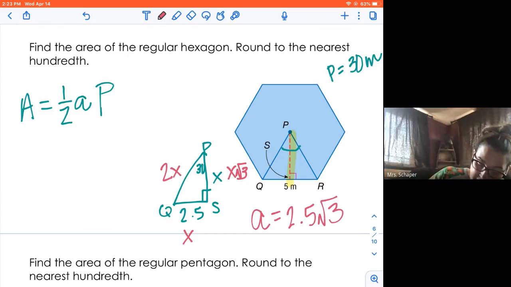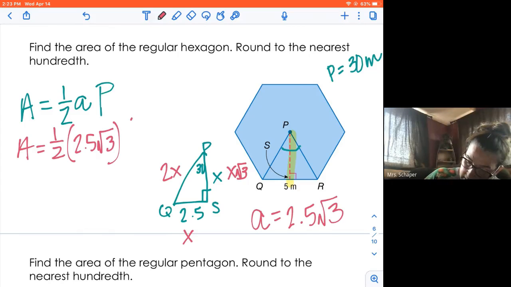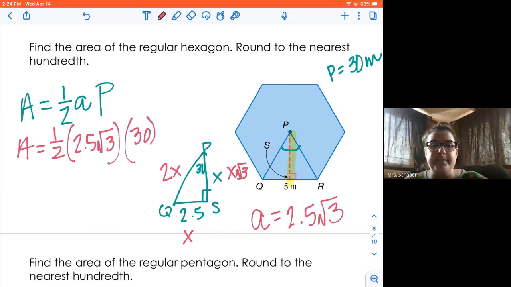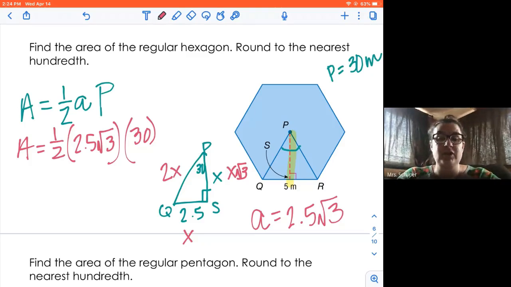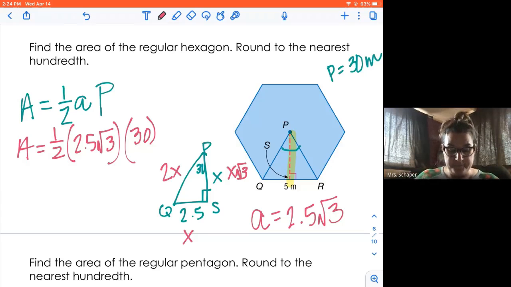So the area is equal to 1/2 times the apothem, which is 2.5 square root of 3, times the perimeter, which is 30. 1/2 times 2.5 square root of 3 times 30. So let's figure out what that is. 30 times 0.5 times 2.5.